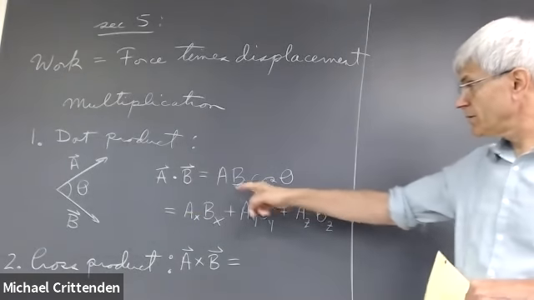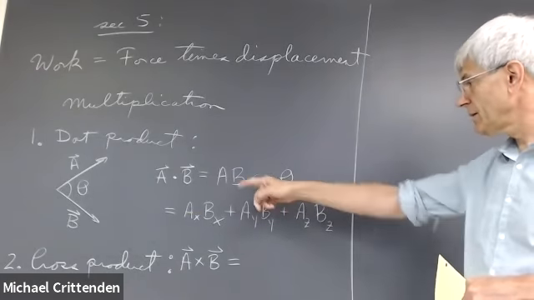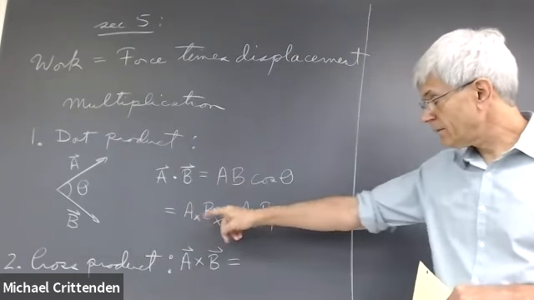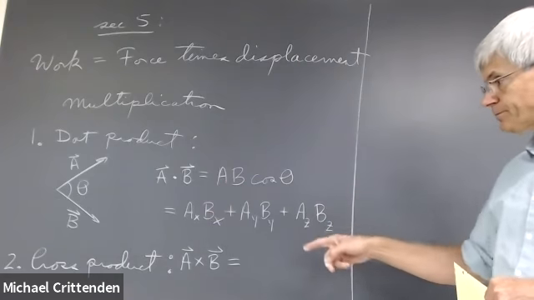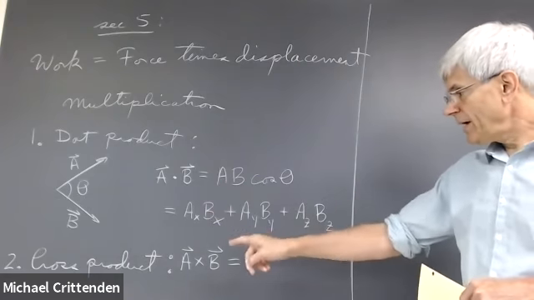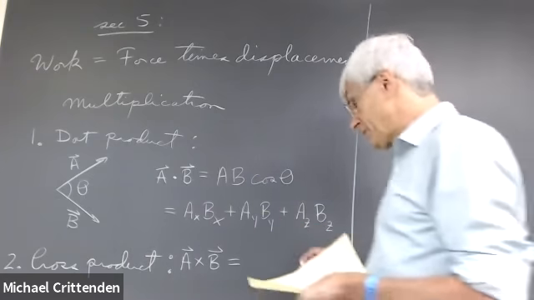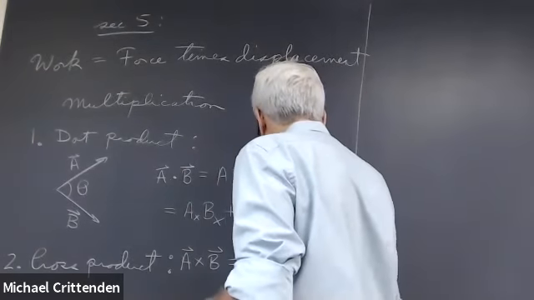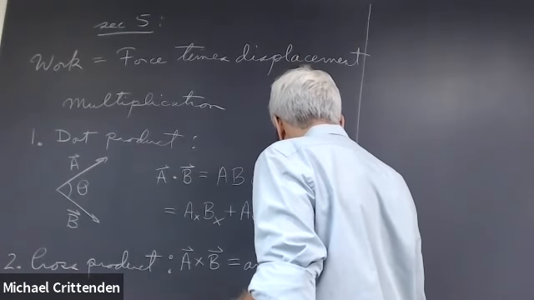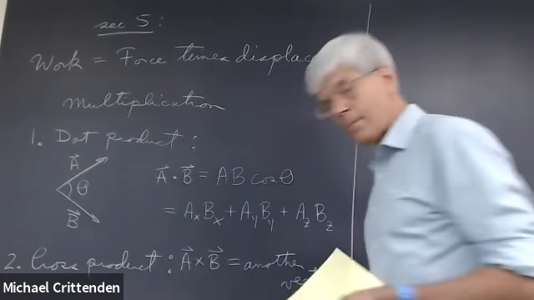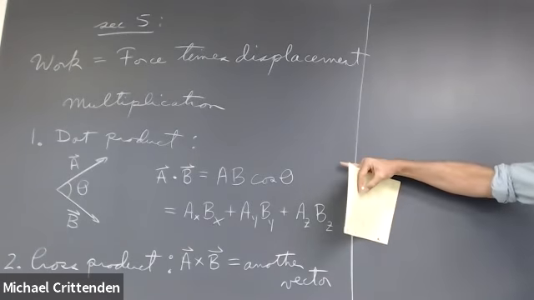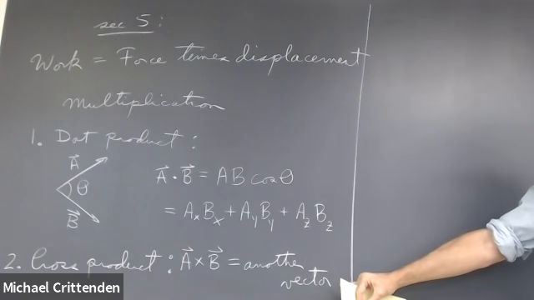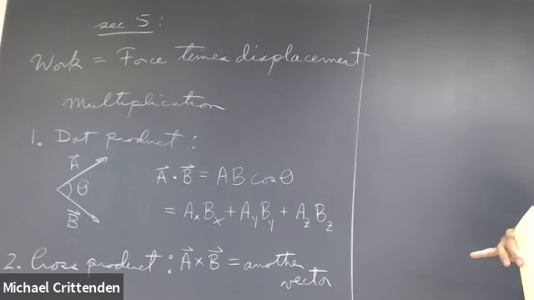These are all numbers, magnitude, magnitude, cosine, 3 numbers to multiply together, or same thing with the components. You just multiply and then add and you get a number. With the cross product, A cross B gives you another vector. So vector times vector gives you a scalar, or vector times vector gives you another vector. The details on the cross product are, I believe, in section 7.